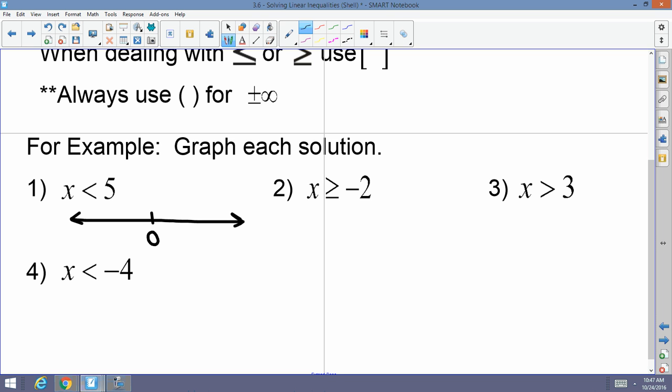I'm not too much of a stickler. As long as you put your 0 as a reference point, put your 5. I'm going to put a parentheses, and x is less than, actually I should have put it the other way. Should have put it this way. X is less than 5. So am I shading to the left or to the right? I'm shading to the left.